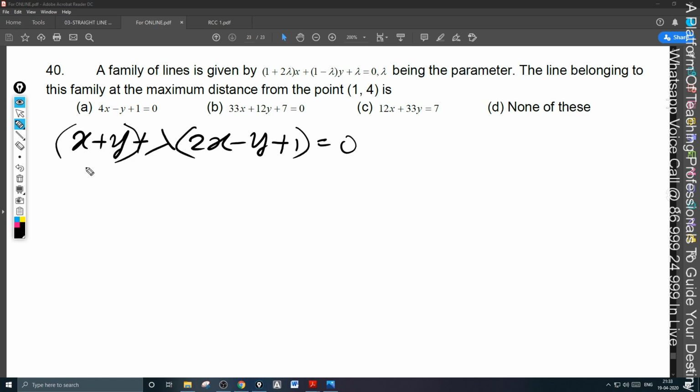Solve these two to get the point of intersection.